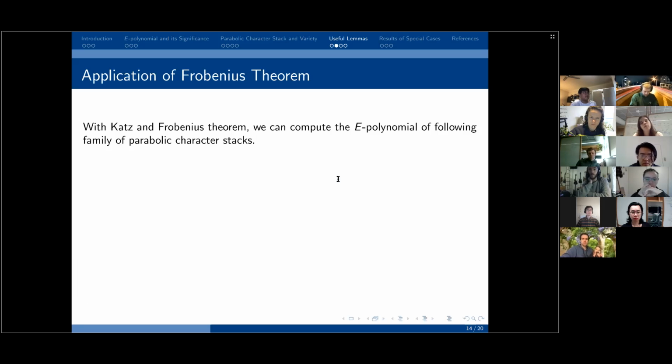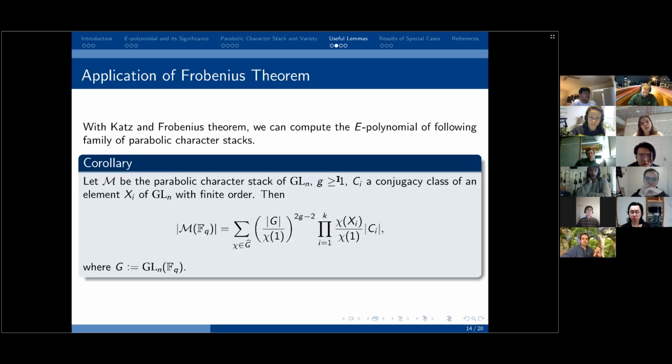So with Katz's theorem and the Frobenius theorem, you can get such a corollary. For a parabolic Character stack M of GLn, where g is larger than or equal to 1, and the Ci's are conjugacy classes of xi in GLn, where xi has finite order in GLn, the counting polynomial of this parabolic Character stack is the same as this.